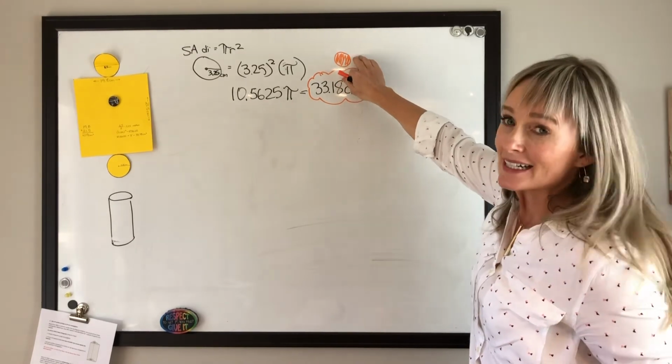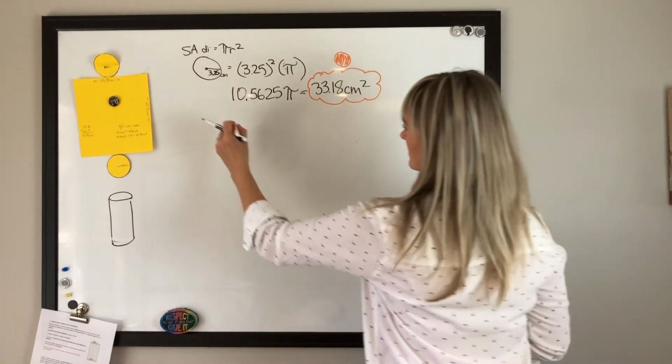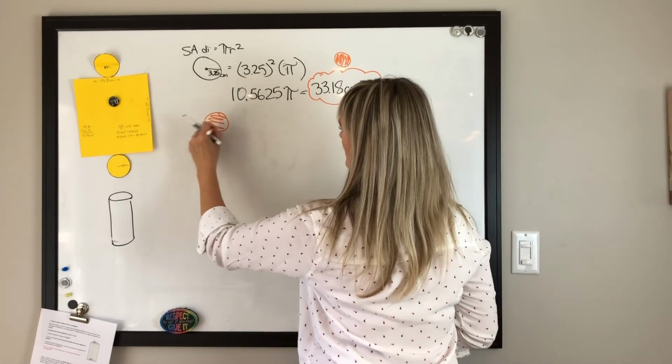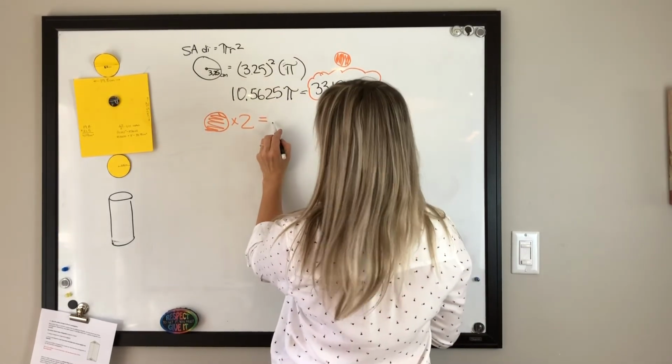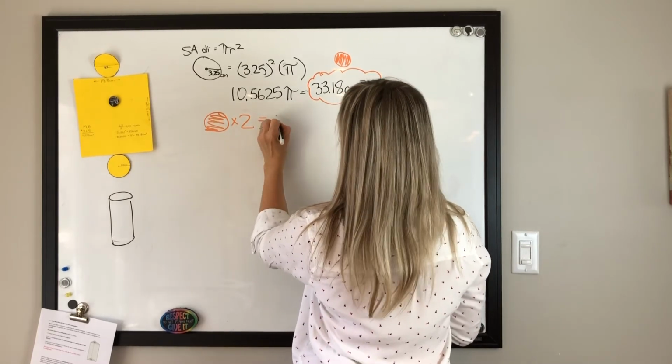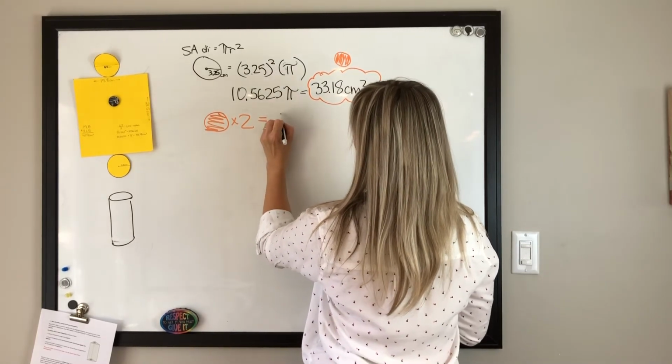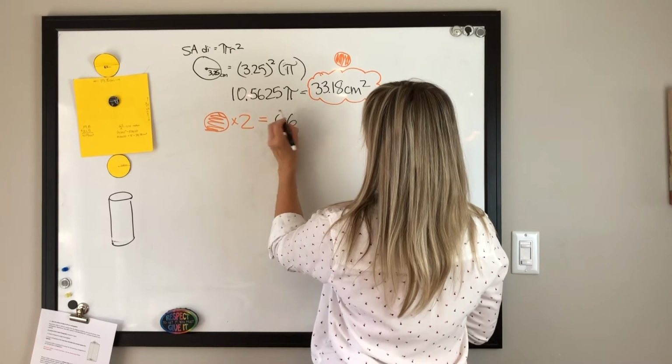So we're going to need 2 of those. So you can go like this, and then you'll have your total. So you'd have 66. Oh, sorry.